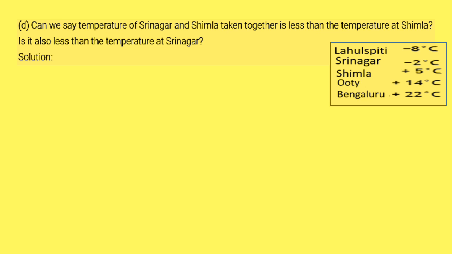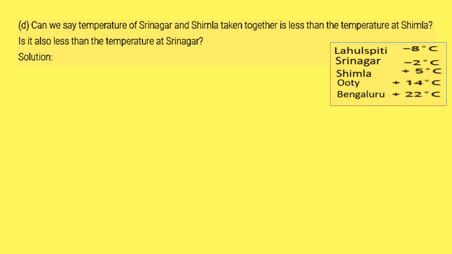Taken together means what? You have to add these two temperatures. Then you have to compare the result to the temperature of Shimla. In the next step, you have to check whether this is less or not. If it is less, just write the temperature of Srinagar and Shimla taken together is less than the temperature at Shimla. Or if it is not less than the temperature of Shimla, then you can write no, like this.